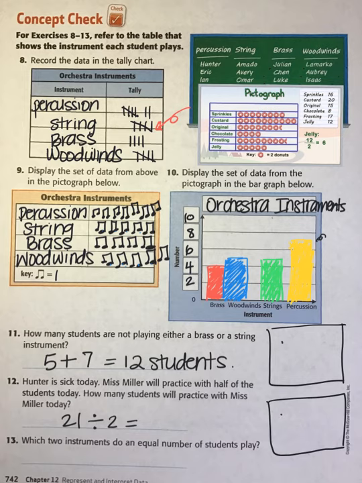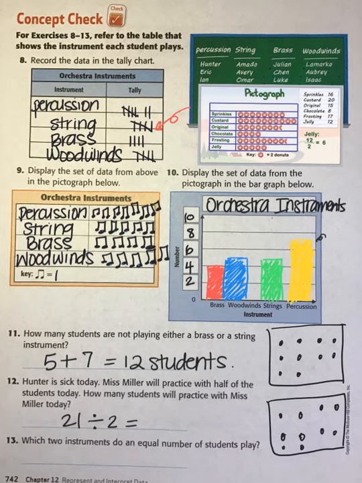So 1, 2, make it a little bit bigger. 1, 2, 3, 4, 5, 6, 7, 8, 9, 10, 11, 12, 13, 14, 15, 16, 17, 18, 19, 20.